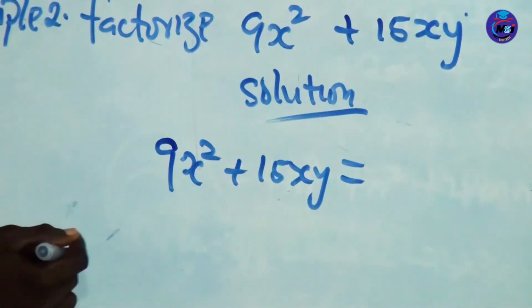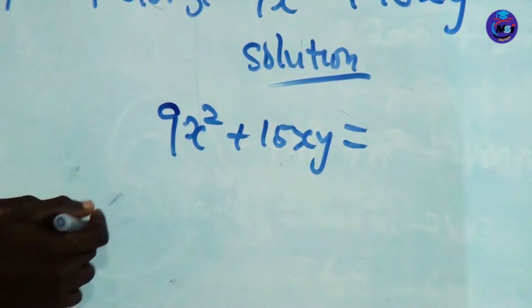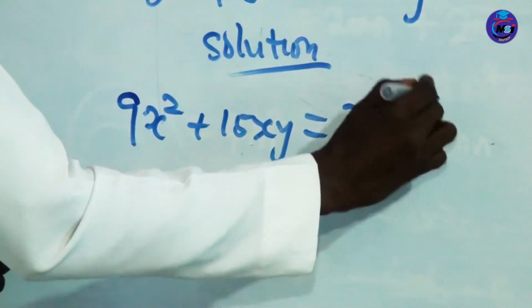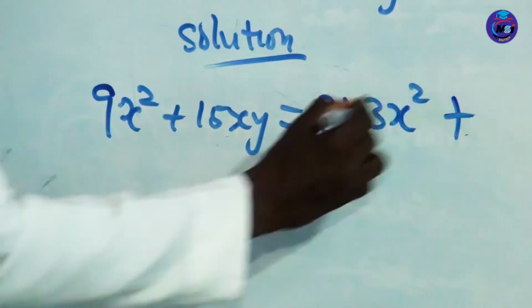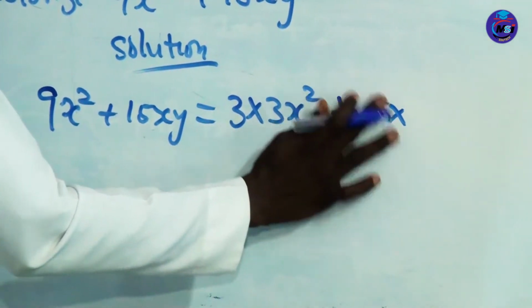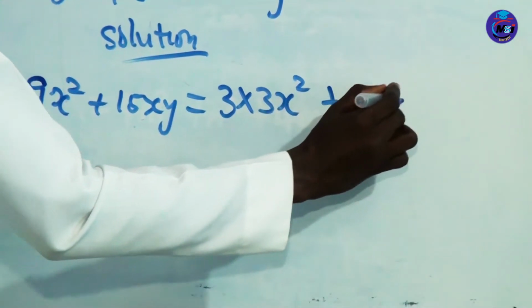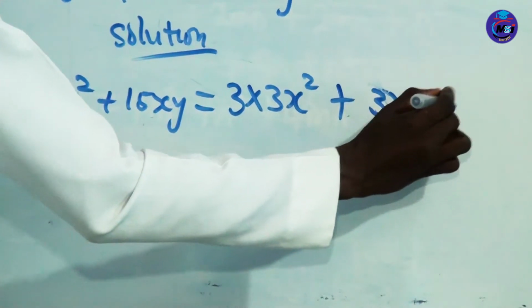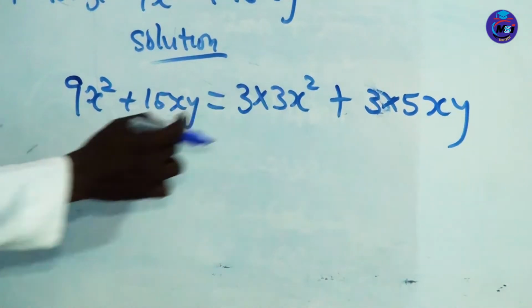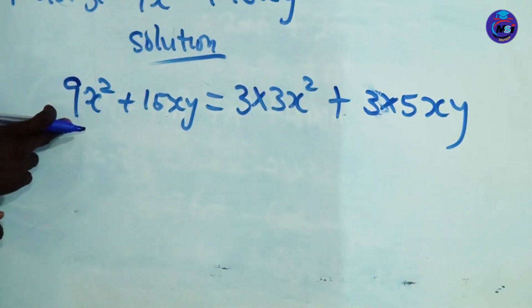Can I think of 3? 3 times 3x squared plus 3 times 5xy. 3 times 5 will give us 15. 3 times 3 will still give us 9. Are you getting me now?